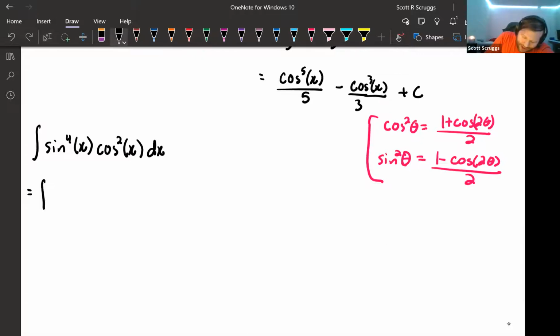Now, before I use the half angle identity, I do need to rewrite one of them, in particular the sine to the 4th power. I'm going to rewrite that as sine squared, all of that squared, beforehand.